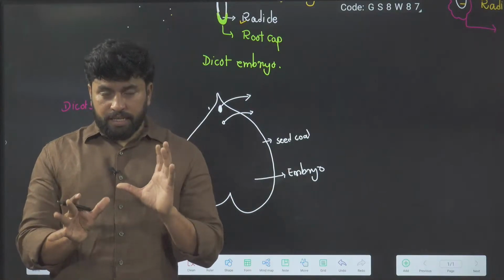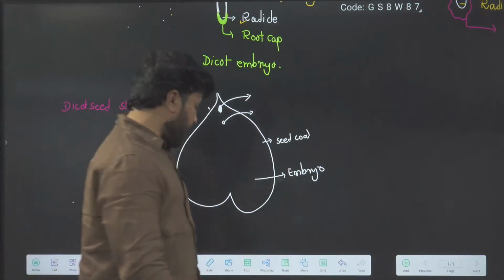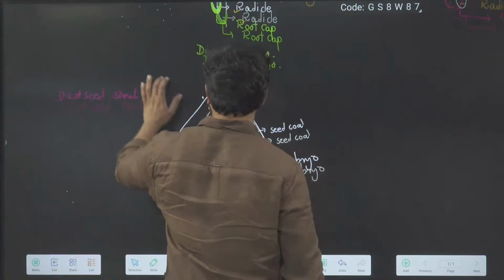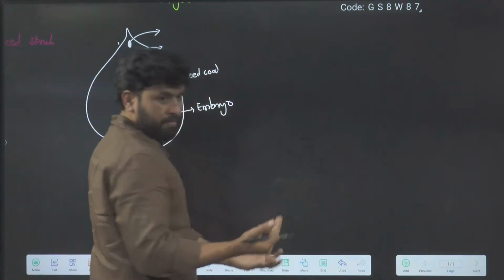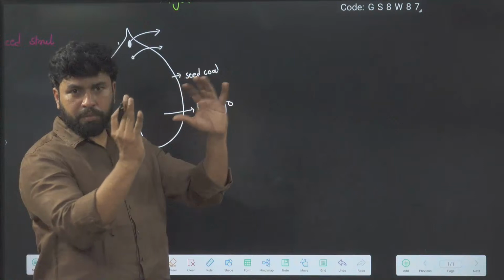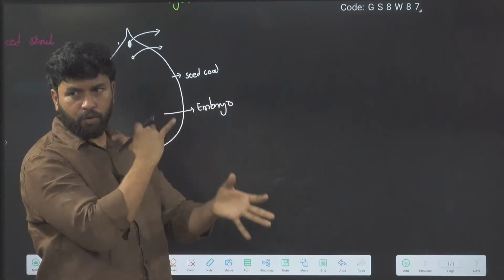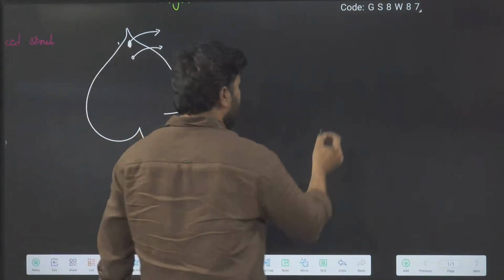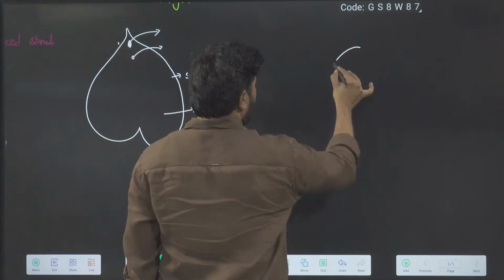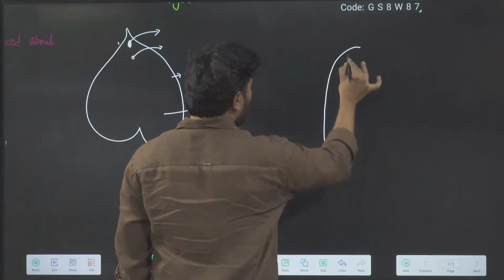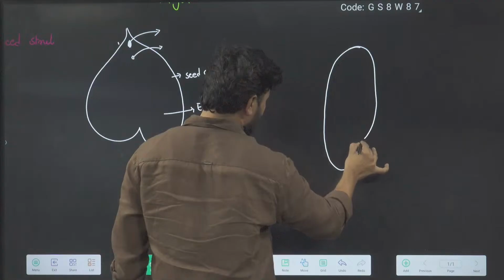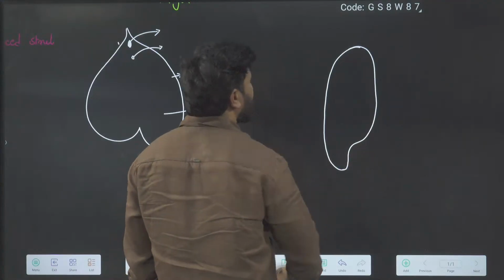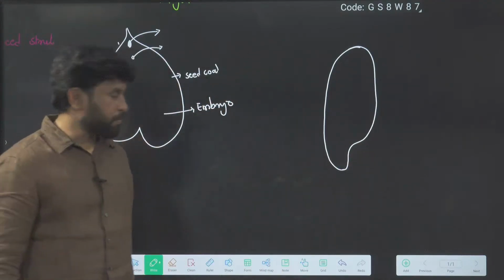But when you talk about a monocotyledonous seed, that has some different parts. Imagine I'm talking one by one from major to minor parts, inner to outer. The major part of a monocotyledonous seed, to be exact, is covered by endosperm.